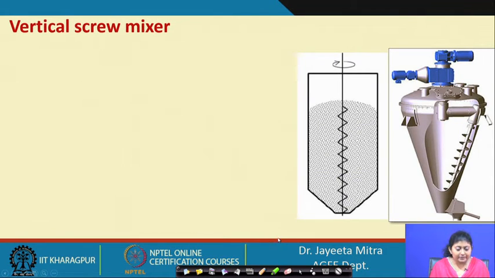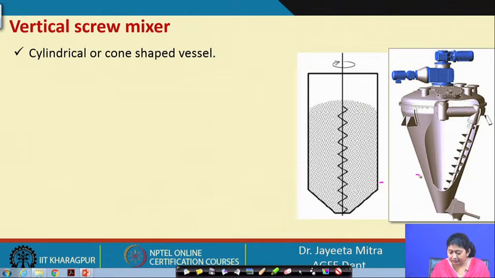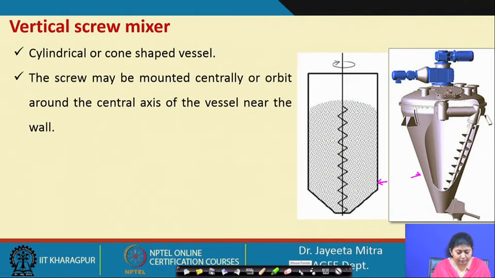Next is the vertical screw mixer. So, we can see here that a cylindrical or cone shaped vessel is there, either a cylindrical vessel or a cone shaped vessel, and in that a spiral screw will be there.